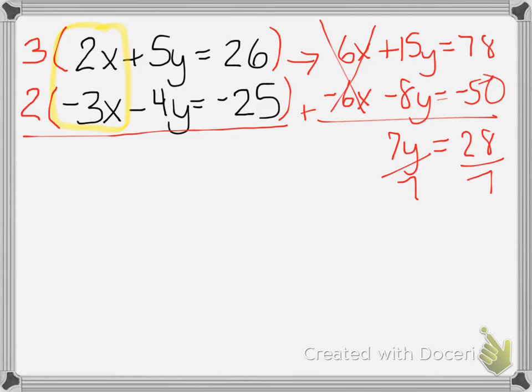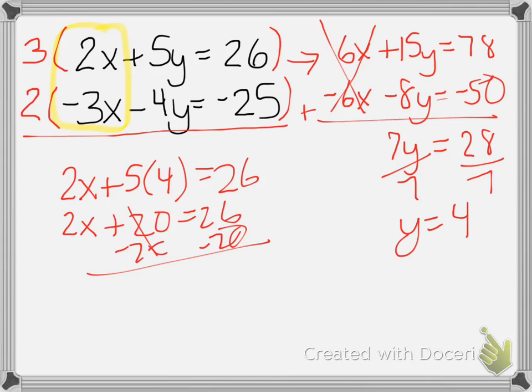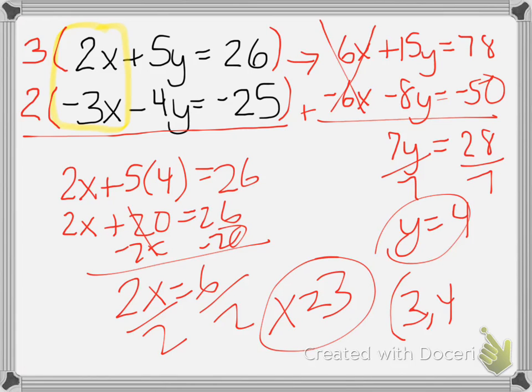Divide by 7, and I get y equals 4. And then I can plug it into one of the original equations. I'm going to use the top one. And I get 2x equals 6, and x equals 3. So I have the ordered pair, 3, 4.